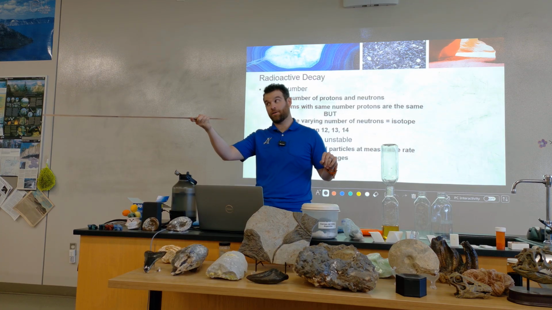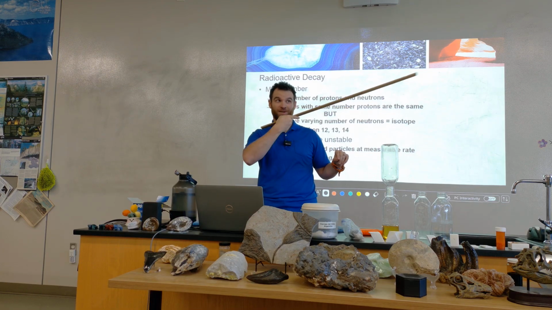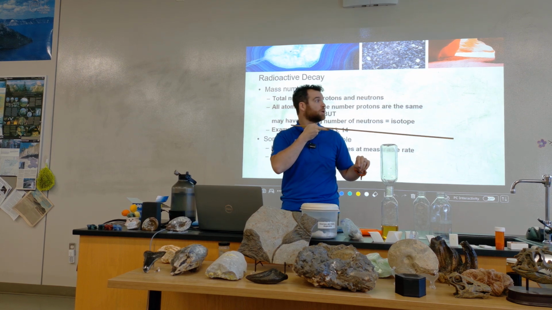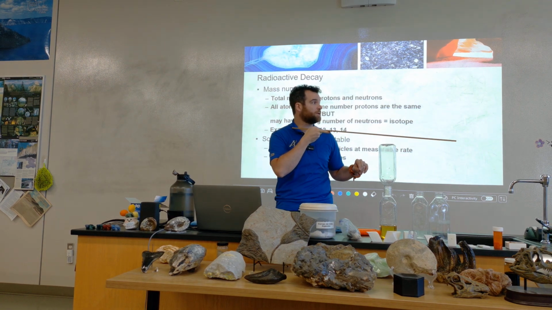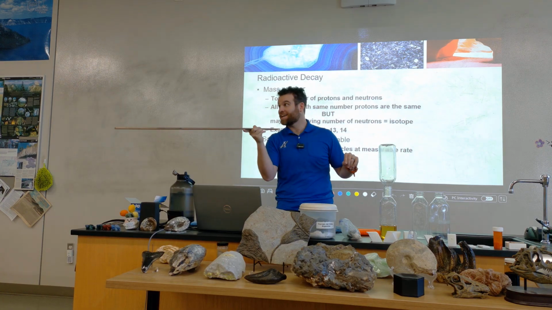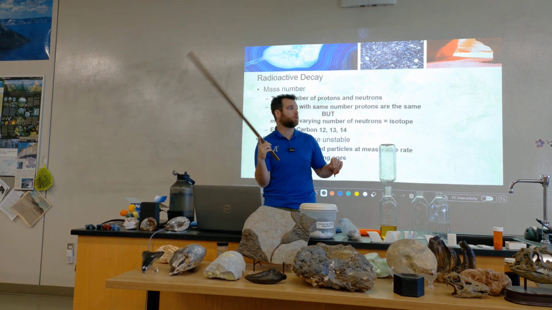That would make it an ion. If we change the number of protons, we get a different element. The number of neutrons. Specifically, what has changed in the number of neutrons in my nucleus to go from carbon-12 to carbon-13? I got an extra neutron somewhere. This happens fairly often. Carbon-13 is a very common isotope in our world.